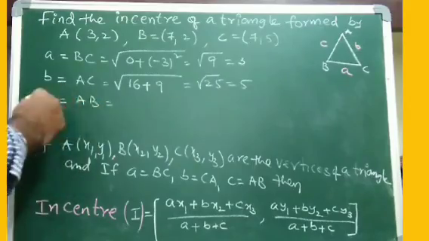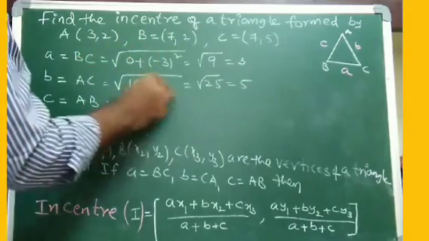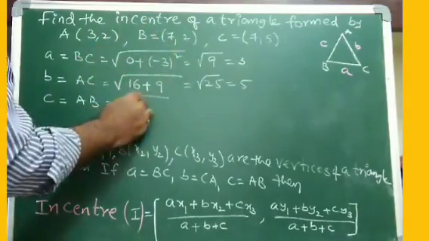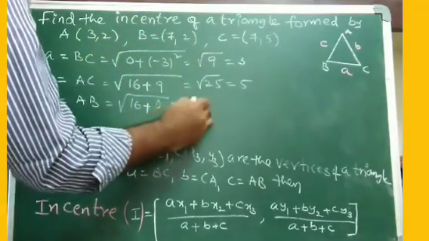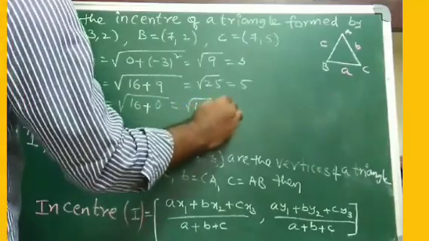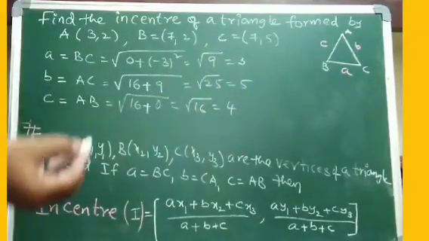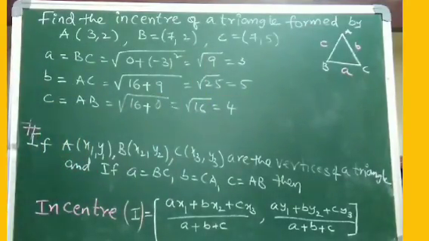And finally AB: 3 minus 7 is minus 4, its square is 16, 2 minus 2 is 0, so root 16, which equals 4. So this is step number 1: find the lengths of the sides small a, small b, small c.